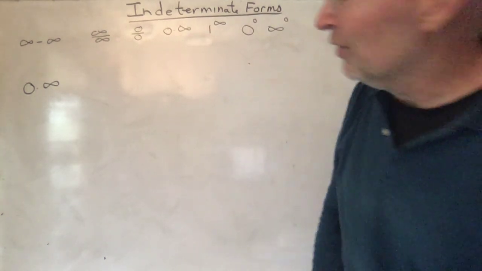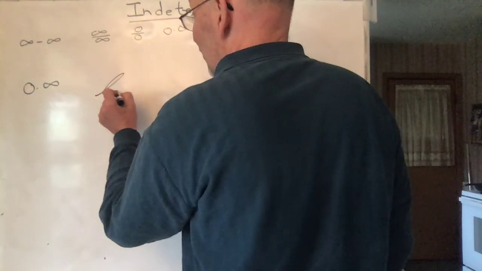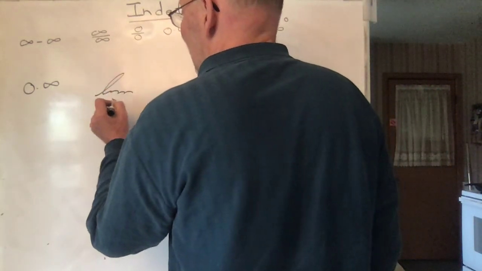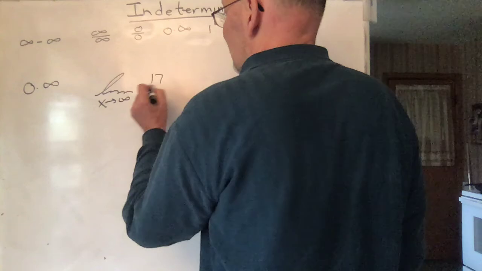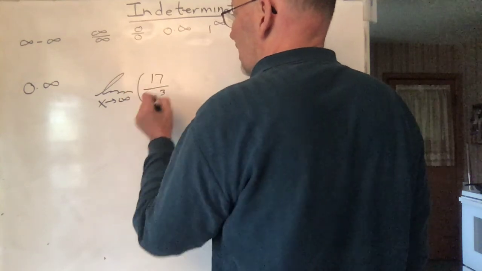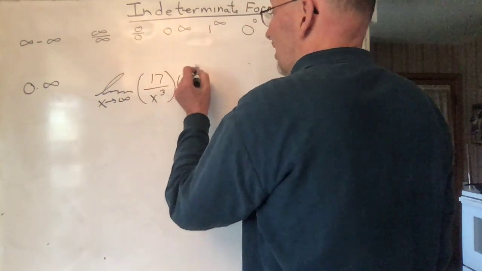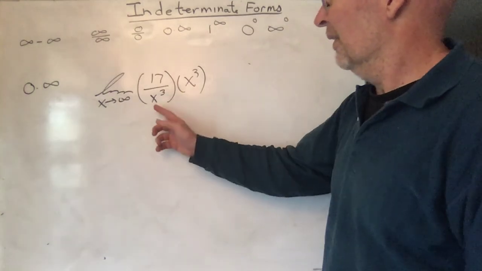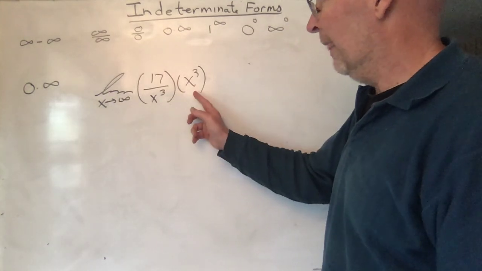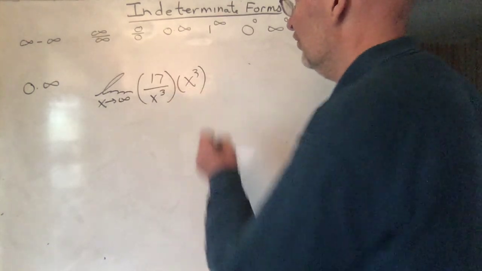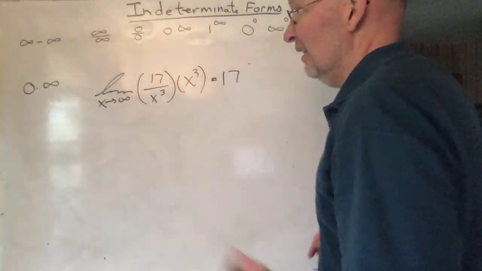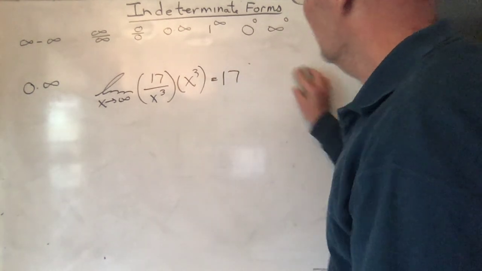So again, you could do a simple thing like 17 over x cubed times x cubed. This thing's going to 0. This thing's going to infinity. The ratio is going to 17. So again, we can get any answer we want.